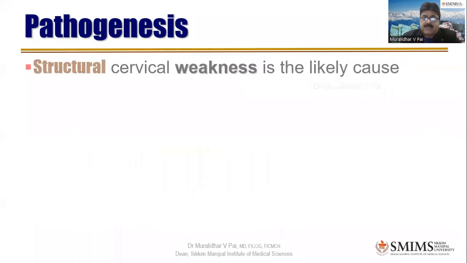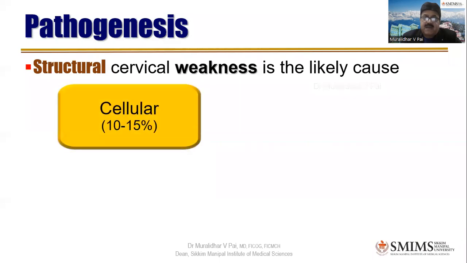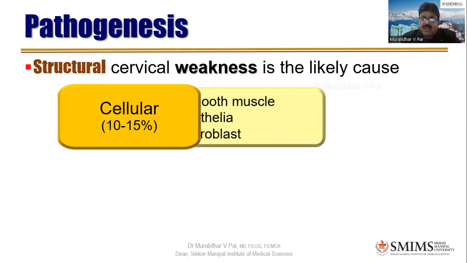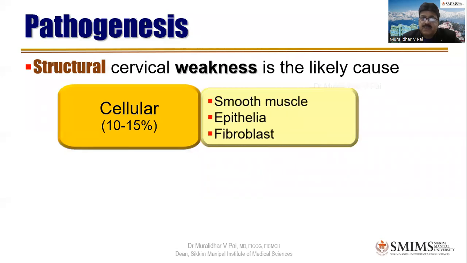What is the pathogenesis? The structural cervical weakness, that is very, very important, is the likely cause. What is the structure then? Cervix is made up of cellular content 10 to 15%, which includes smooth muscle, epithelia, fibroblast.